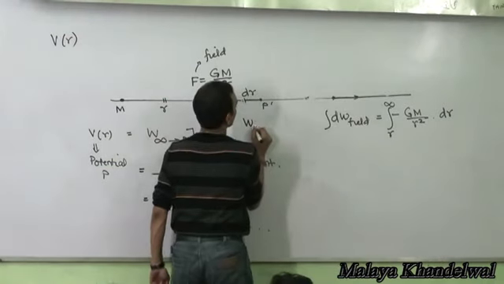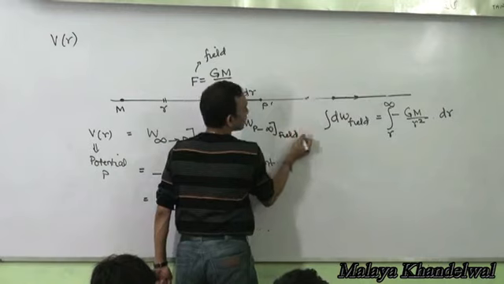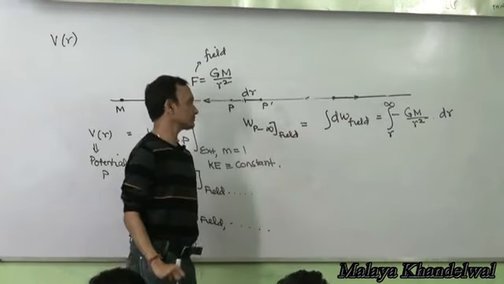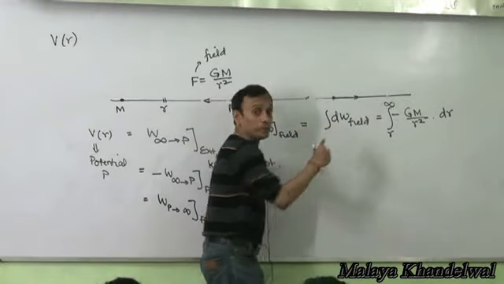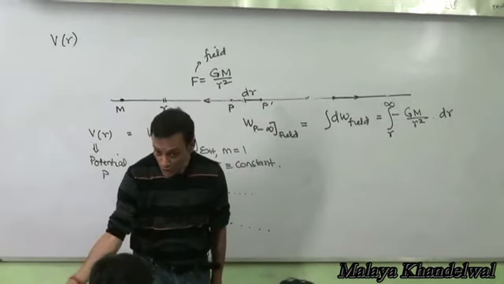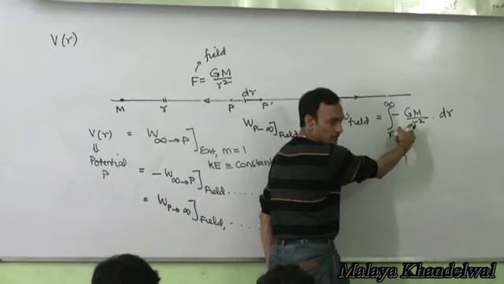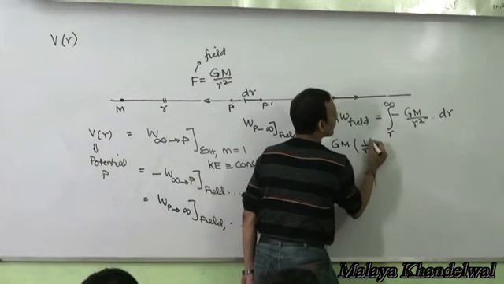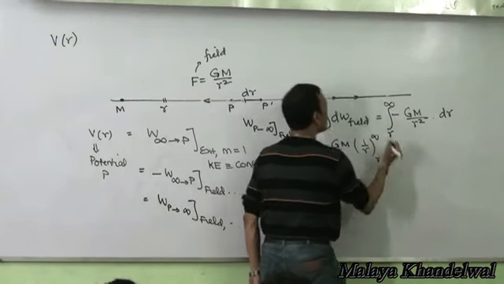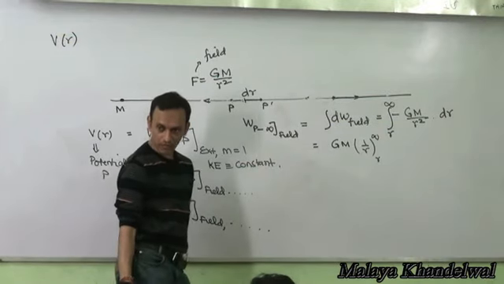This is the work done from P to infinity by the field, and that would be defined as the potential at r, right?